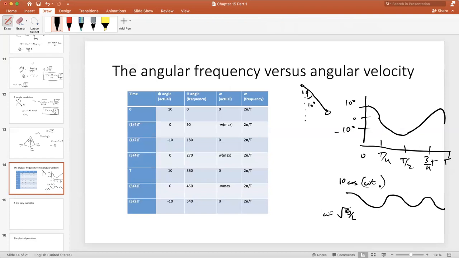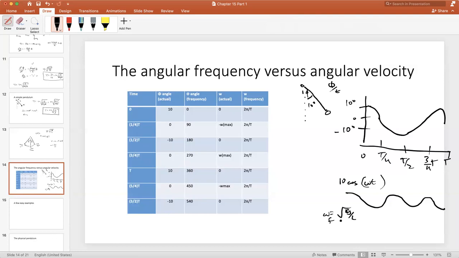This omega is however far it traveled over t, but this omega can be negative or positive. This is the angular velocity, how fast it's swinging back and forth. It's not the same as the frequency square root of G over L. Just don't make that mistake.